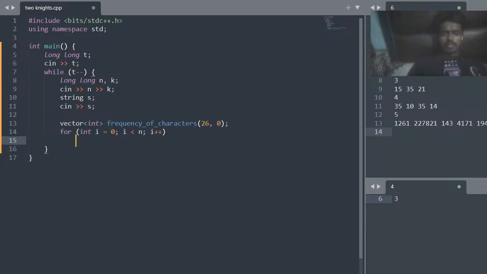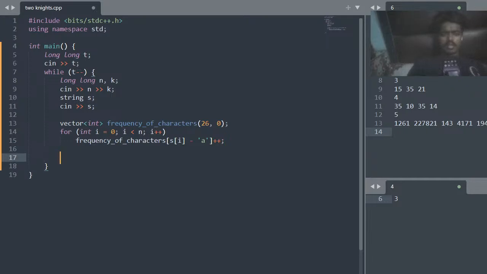Right, and then we like to do frequency of characters, minus a, right? Minus, plus, right?